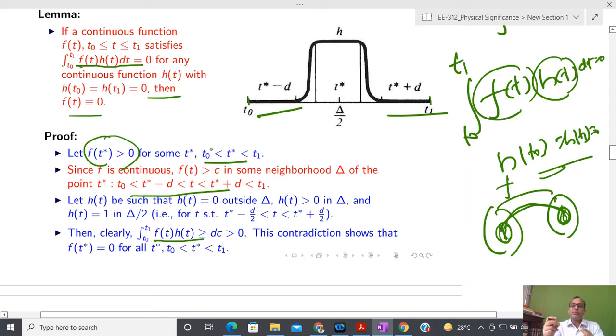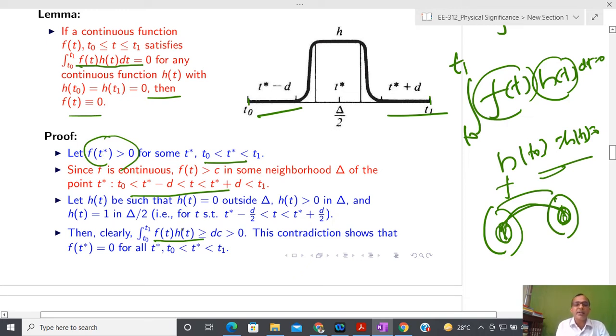In mathematics, what is the beauty? Either things are true or false. If you are able to generate a contradiction by taking f(t) greater than 0, then I have only one option, that f(t) equals 0. Another way, you can now assume f(t*) less than 0.